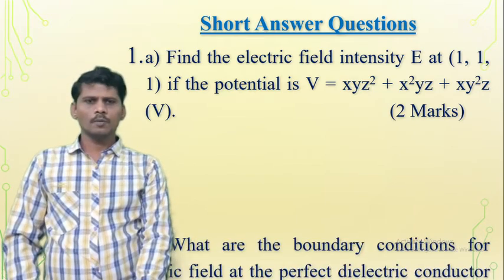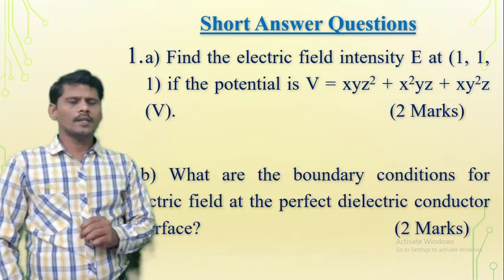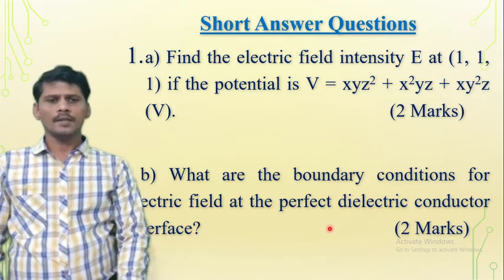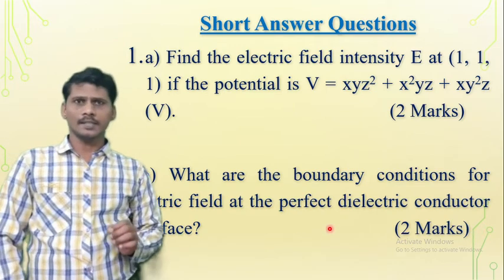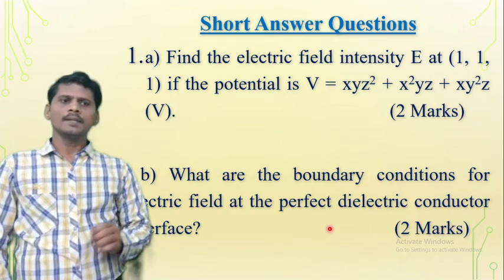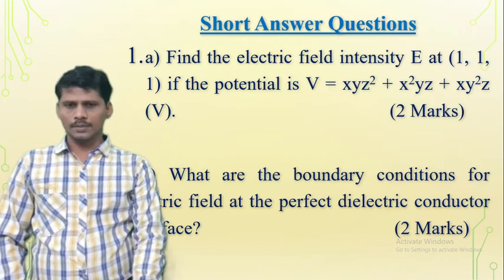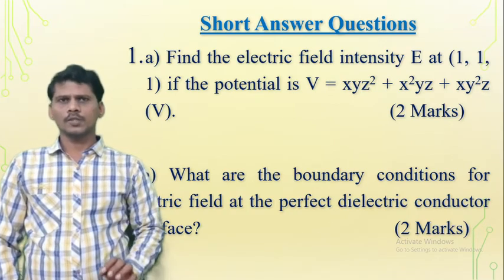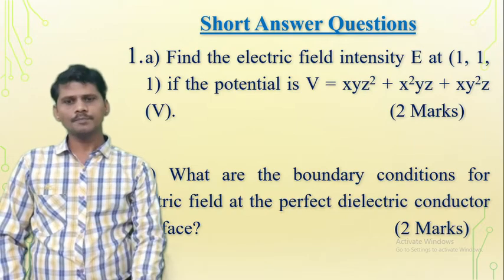And question 1b is: what are the boundary conditions for the electric field at the perfect dielectric conductor interface? So these two are the short answer questions in unit 1.